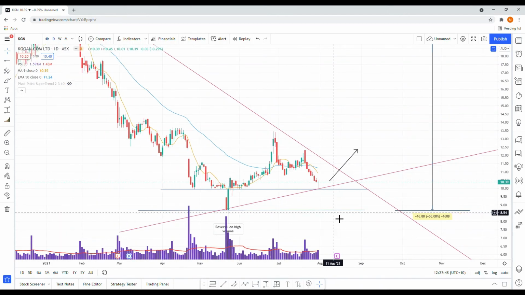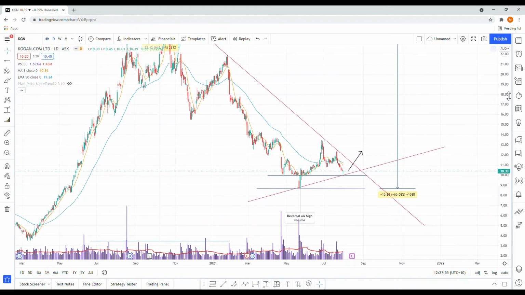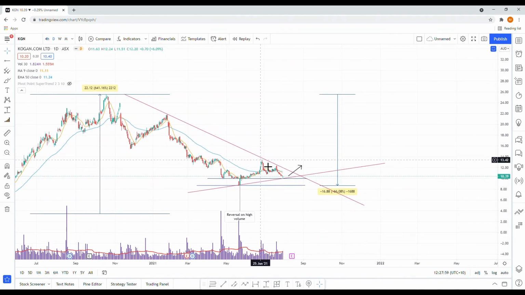This volume is also not that much, so personally I would wait a few days, few weeks more to see this trend line go away, or it breaks this trend line, just to get the confirmation that it's heading higher.